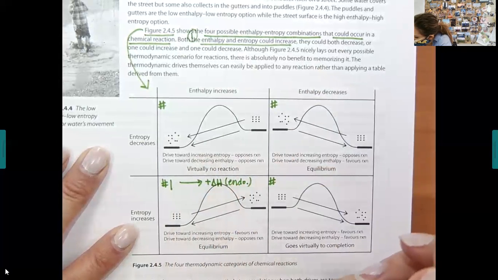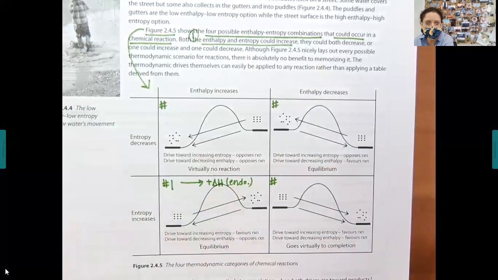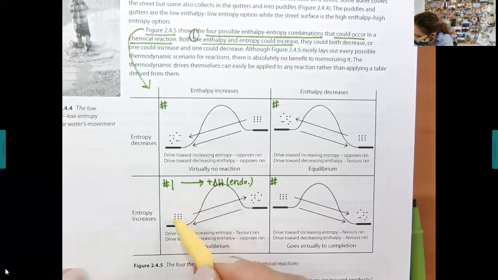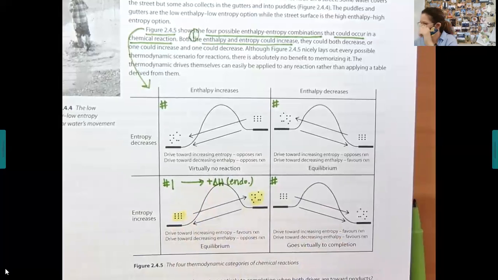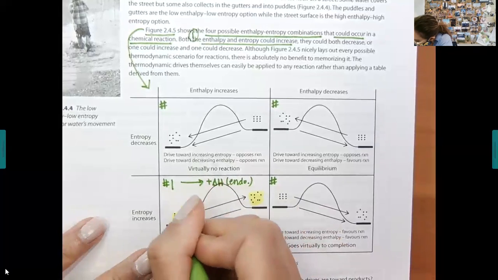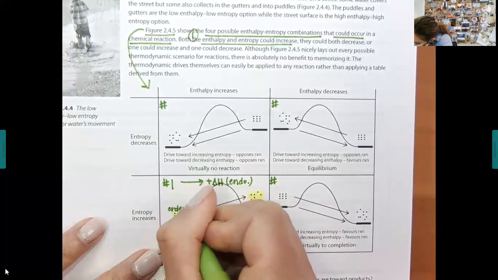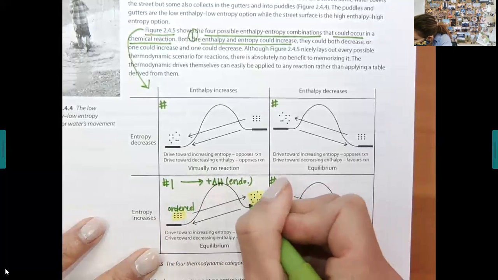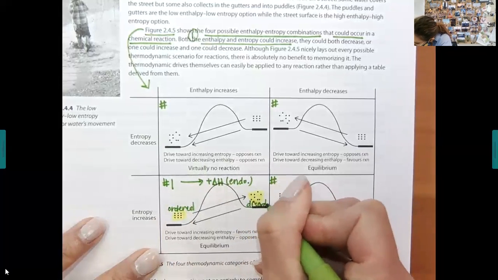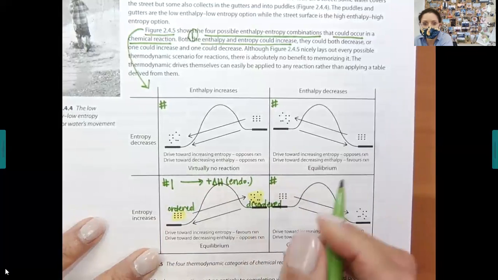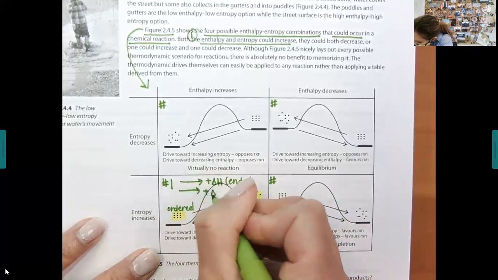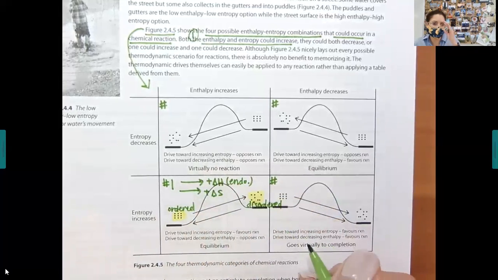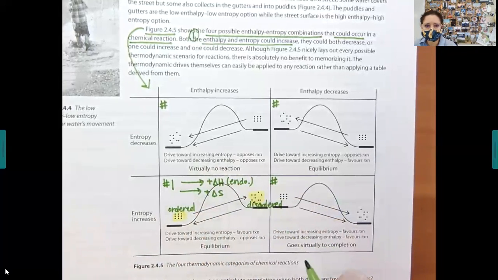And then if you look at the particles, I'm gonna highlight the particles because it's easier to understand. So these are really ordered, and this is disordered, okay? So that means that as you go in this direction, the entropy is increasing. Okay, so that's number 1.